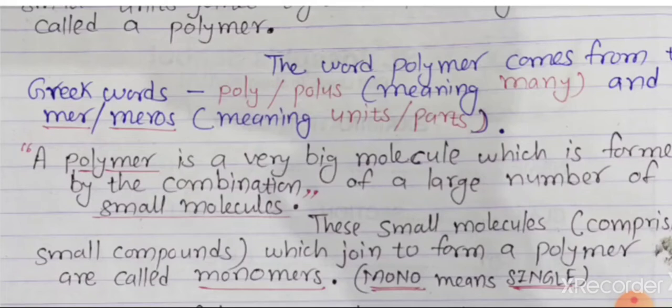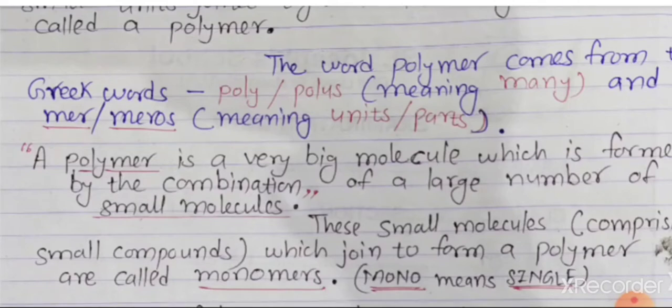Polymer क्या है? बहुत छोटे छोटे दाने के आकार के जो यूनिट्स हैं, स्मॉल मॉलिक्यूल, जब उनको एक लॉन्ग चेन सीरीज में अरेंज कर दिया जाता है, then we are getting a polymer. A polymer is a very big molecule which is formed by the combination of a large number of small molecules.